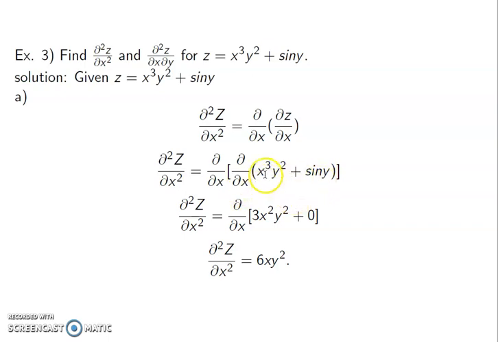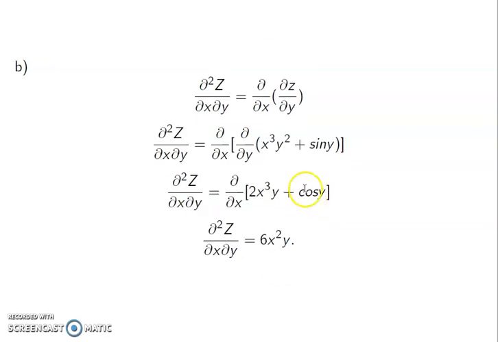What is the derivative of x³y² with respect to x? The derivative of x³ is 3x², y² will be as it is, plus the derivative of sin y is 0. And next, we have to find the derivative of this with respect to x. Now the derivative of x² again is 2x, into 3 that is 6x, y² will be as it is, so 6xy². So this is the value of ∂²z/∂x².